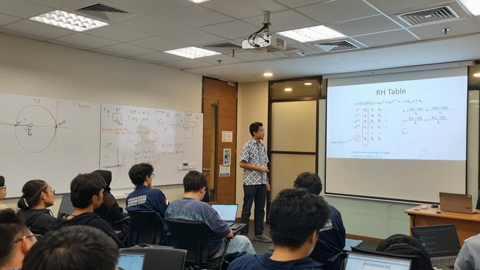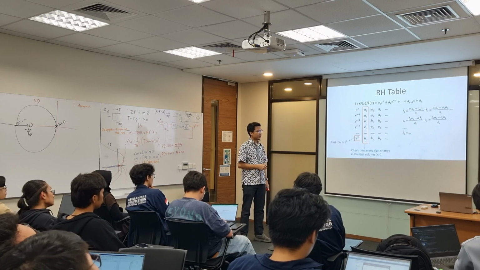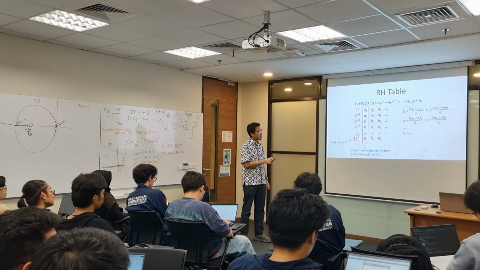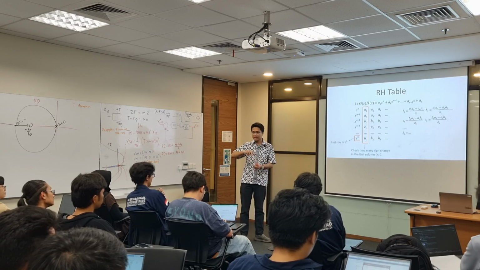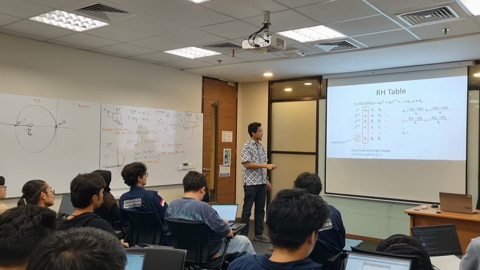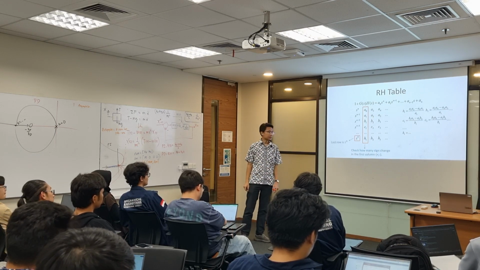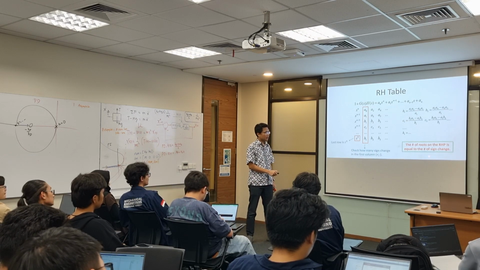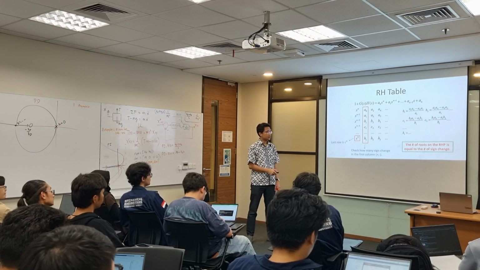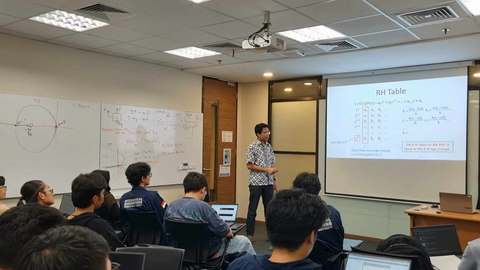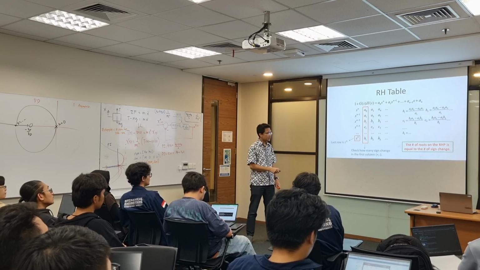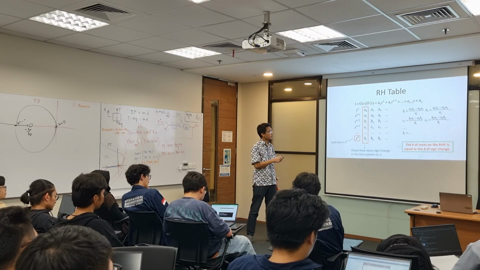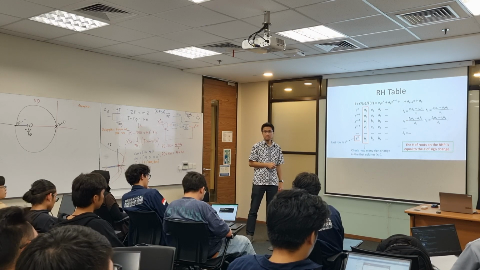Then you find out whether a polynomial has roots on the right half plane by checking the sign change. The number of roots on the right half plane is equal to the number of sign changes. I'm not saying the number of poles on the right half plane because we are talking about a polynomial.